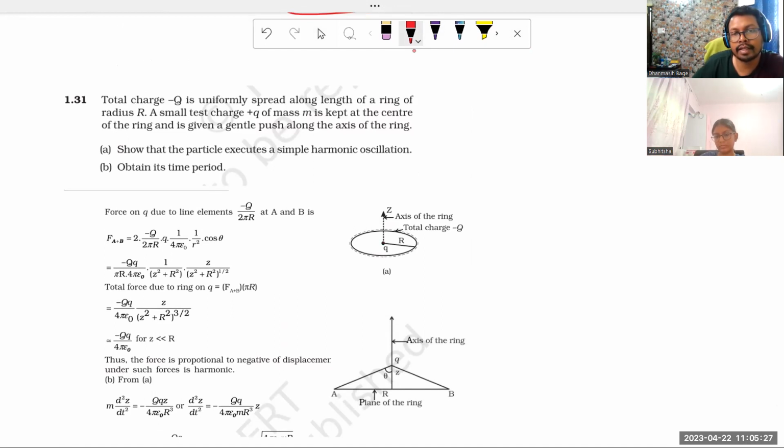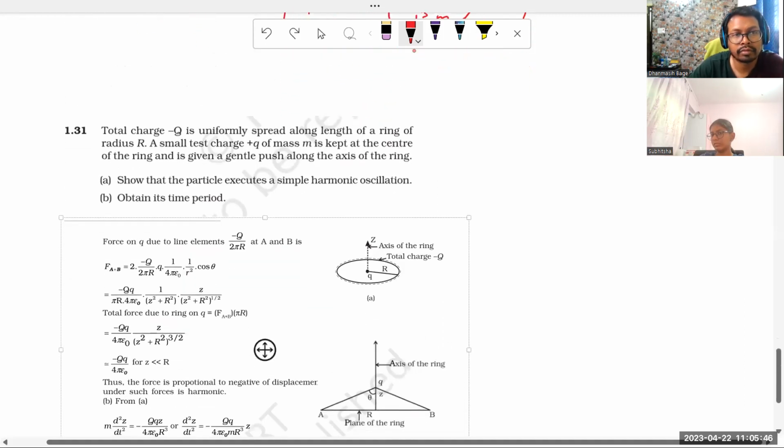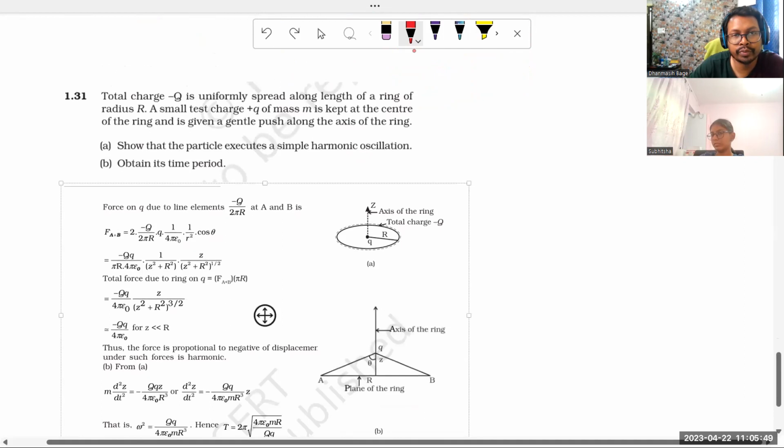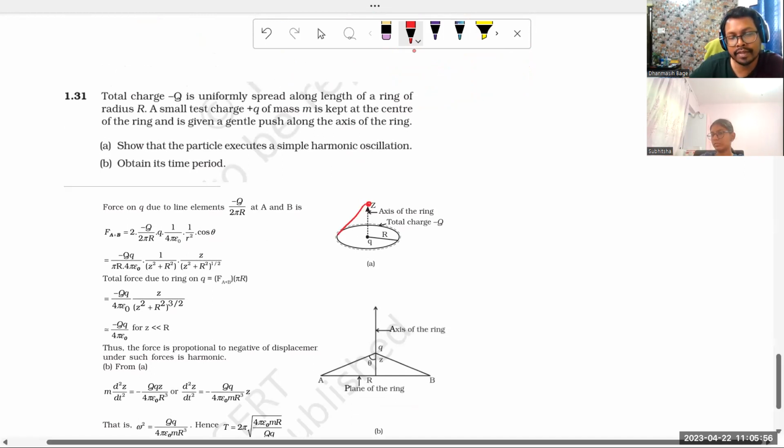Just see this thing. In this case, the net electric field will definitely be along this direction. Oh, no, no, no. My mistake. Minus plus q, right? Electric field will be in that direction. A small test charge plus q. If plus q is placed over here, just see that this will again experience the same kind of force from both the directions.